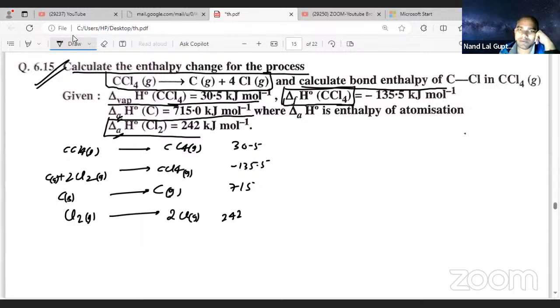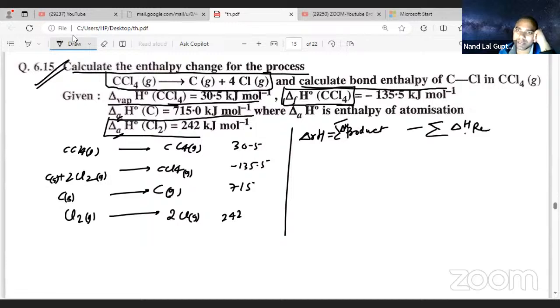Now the enthalpy of reaction. How can you bring out the reaction? Delta RH is product minus reactant. That is what we have to do: summation of enthalpy of products minus summation of enthalpy of reactants. These are the terms we have to use.